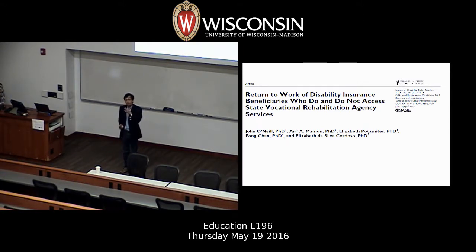Then we have to go to the Social Security Administration, which has a much richer data set on people's demographic information, and also tells us whether they go to TWP, the trial work period, or actually terminate their SSI or SSDI benefits because they managed to find a job. So we have to link two data sets together, the RSA 911 data set, and what actually happened in the Social Security Administration data set.